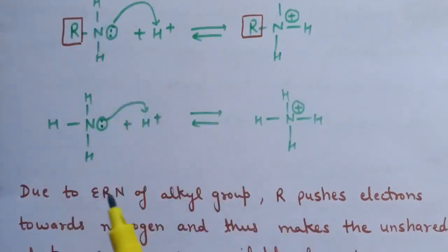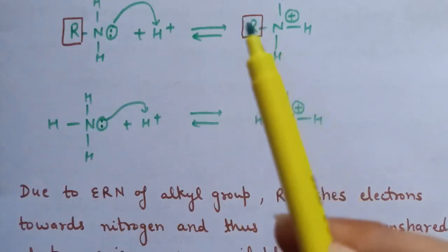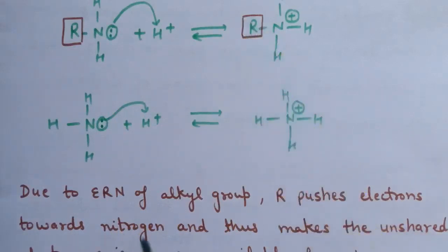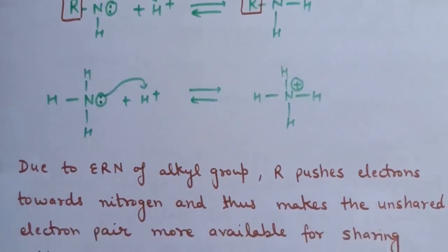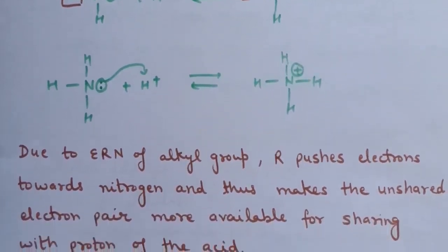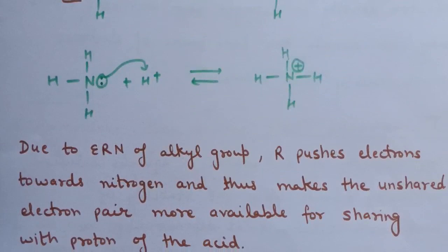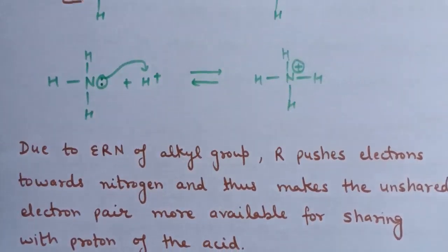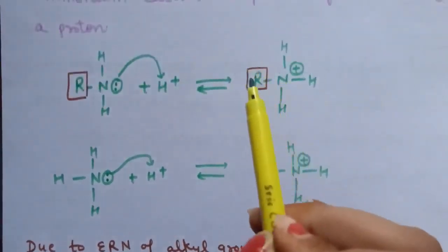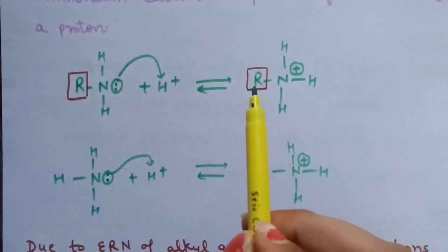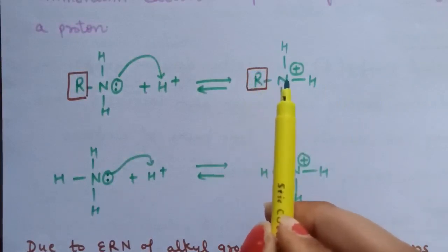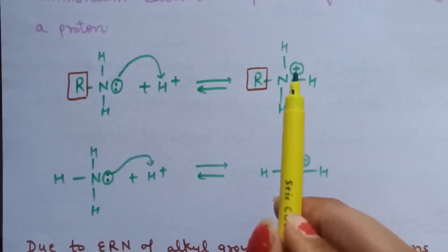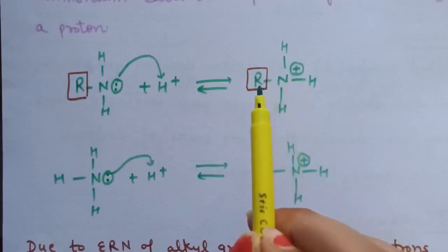amines, due to electron releasing nature of alkyl group, this R group pushes electron towards nitrogen and thus makes the unshared electron pair more available for sharing with the proton of the acid. Or you can say that due to plus I effect of this alkyl group, electron density on this nitrogen increases and this positive charge is somewhat stabilized by this R group.